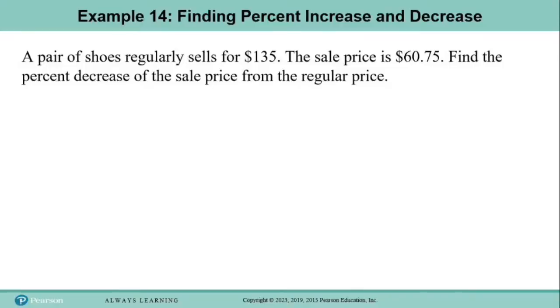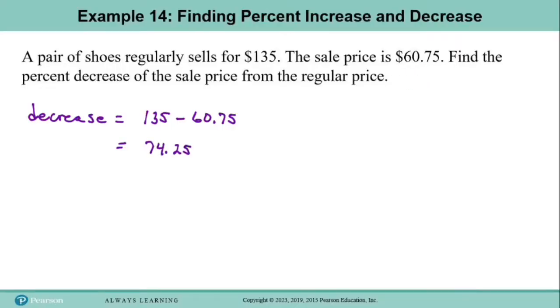And here's example 14. A pair of shoes regularly sells for $135. The sale price is $60.75. Find the percent decrease of the sale price. So, of course, we know that what we need to do is first calculate the decrease and then compare to the original price. So the decrease will be the $135 that we started at minus the $60.75 that we ended at.